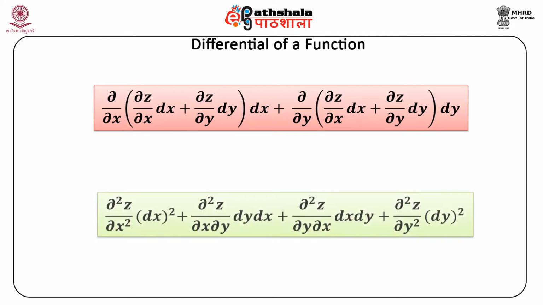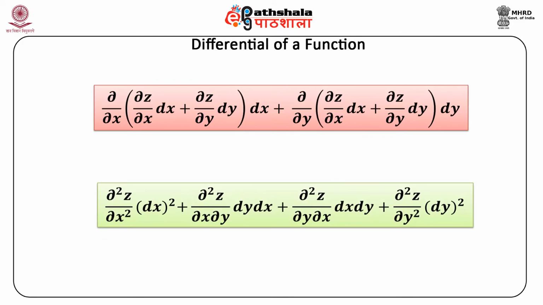which is further equal to ∂²z/∂x² into dx square plus ∂²z/∂x∂y into dx dy plus ∂²z/∂y∂x into dx dy plus ∂²z/∂y² into dy square.